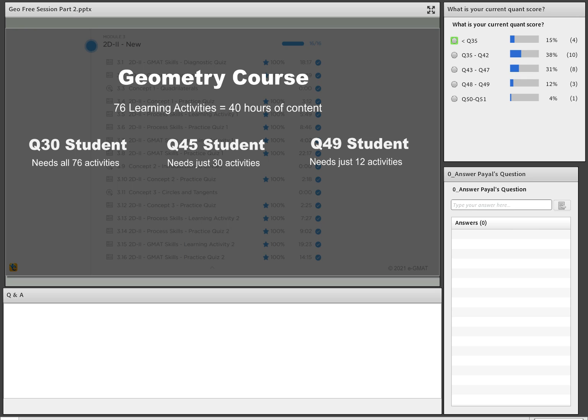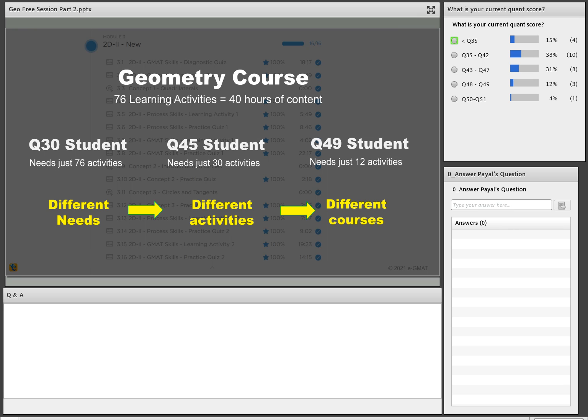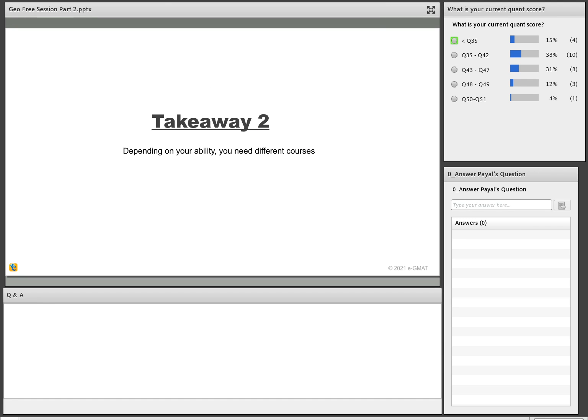A Q49 student probably needs just 12 activities. So essentially, different students have different needs, which means different kinds of learning, and essentially you have to have different courses. So the second takeaway from all of this is, you need a system that, depending on your ability, serves a different course to you.